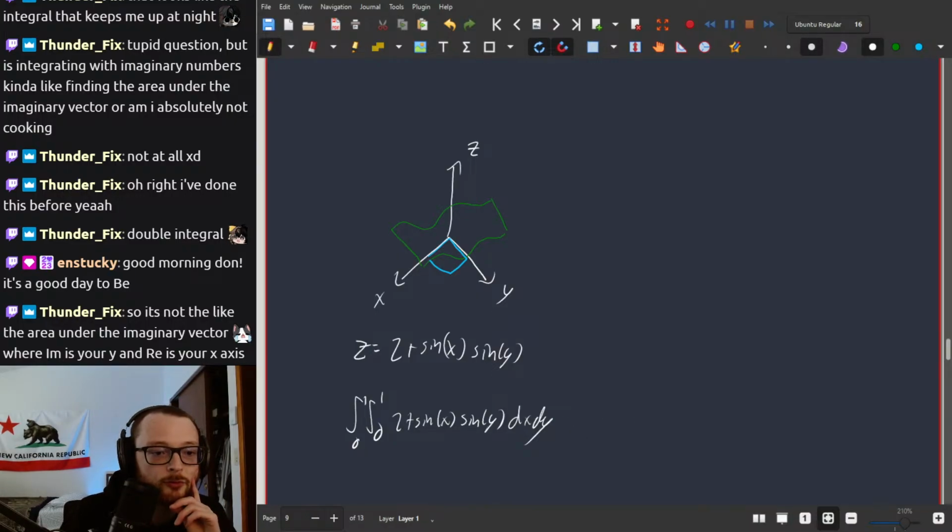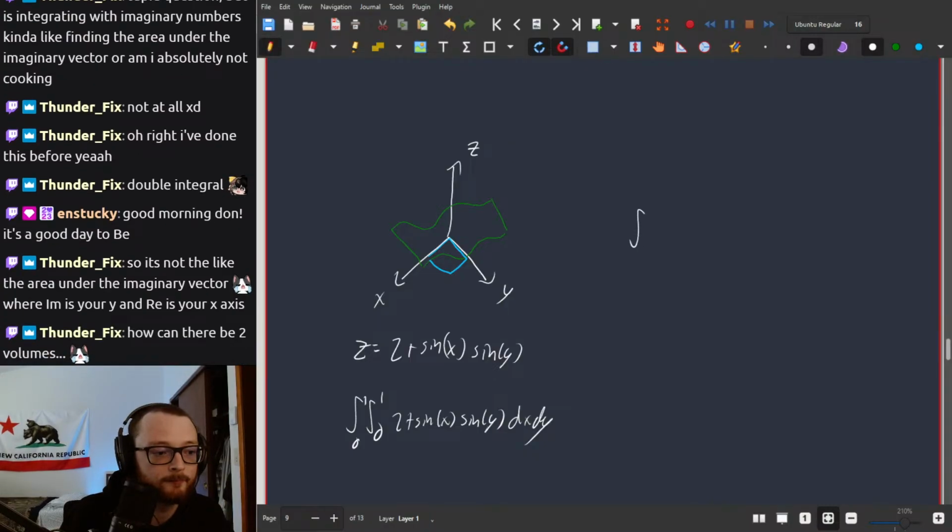It's definitely true that if you do have the integral, or anytime you have an integral of... well, that's the thing. That's why it's hard to visualize this.